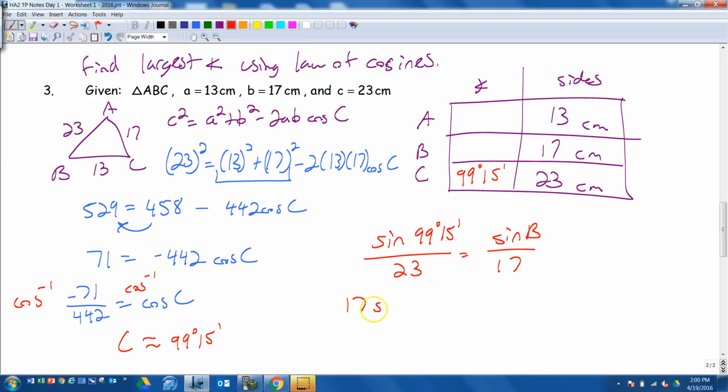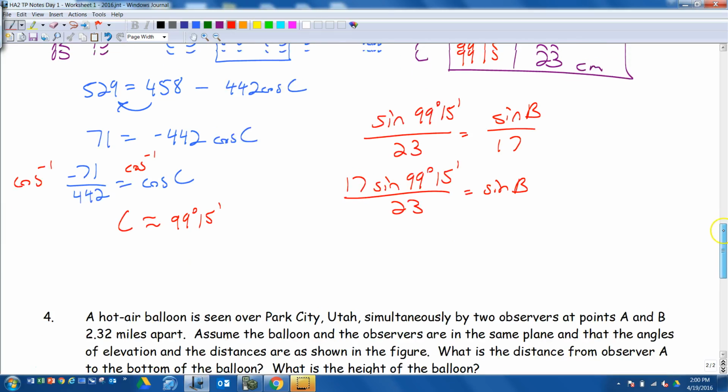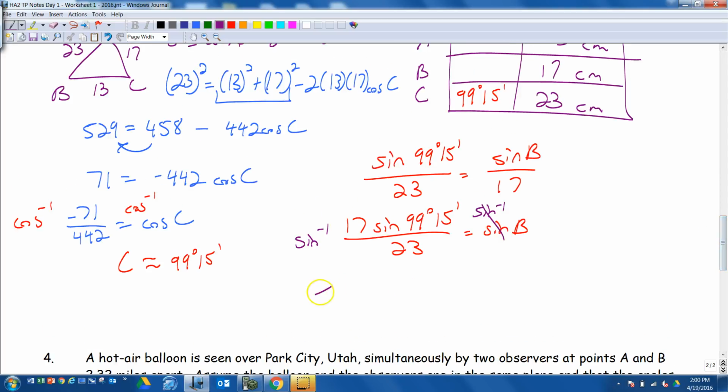Multiply by 17, and you're left with that equals sine of B. And then we sine inverse to get our angle. And we get angle B is approximately 46 degrees 50 minutes, depending on how you round it.